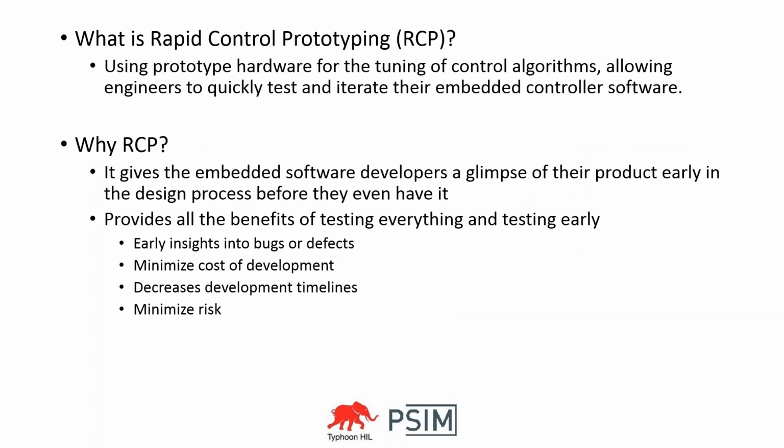So what is RCP? Basically, it's the allowing of tuning of control algorithms, and it allows you a quick way to test and iterate your control software. Typically, this involves some type of code generation and hardware in the loop test.